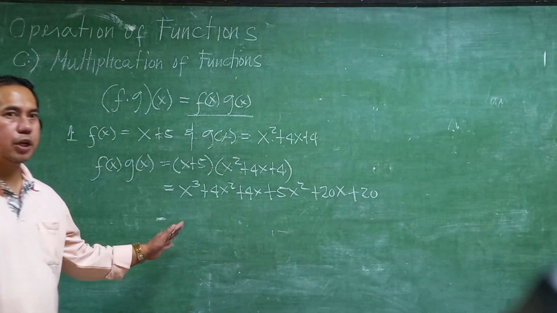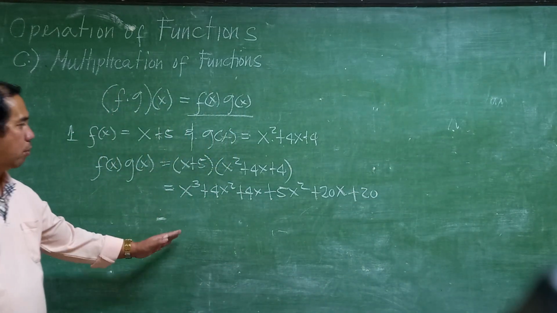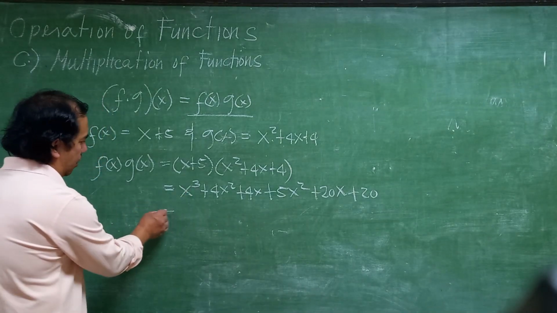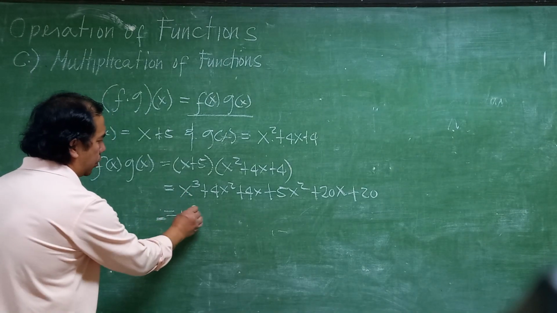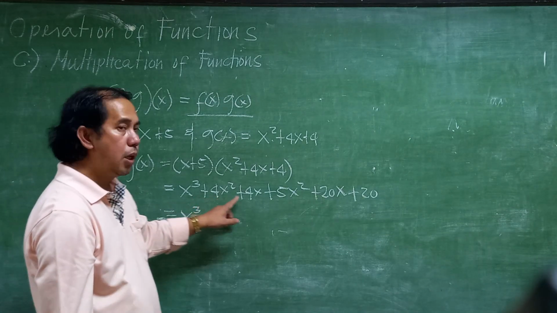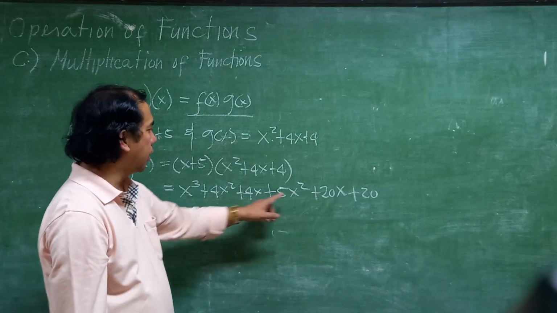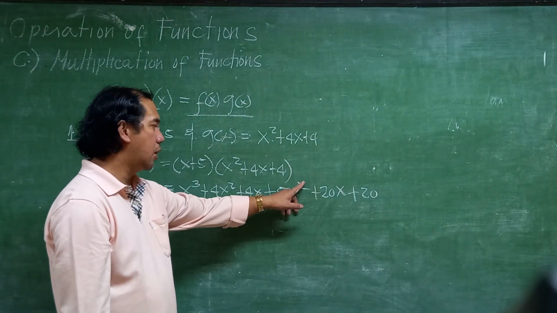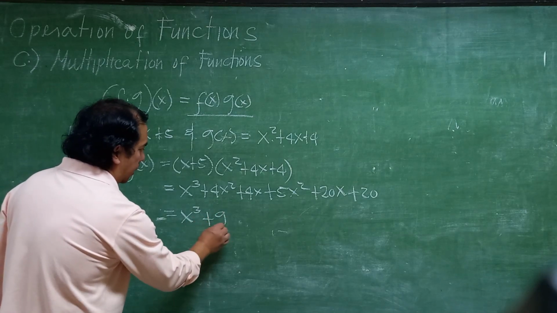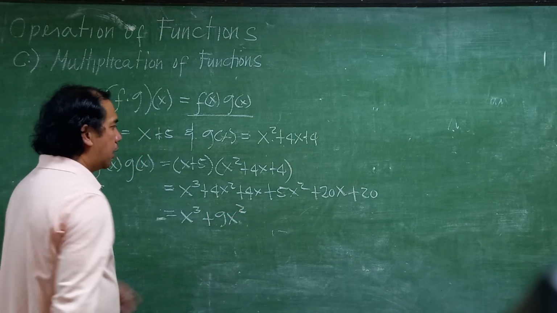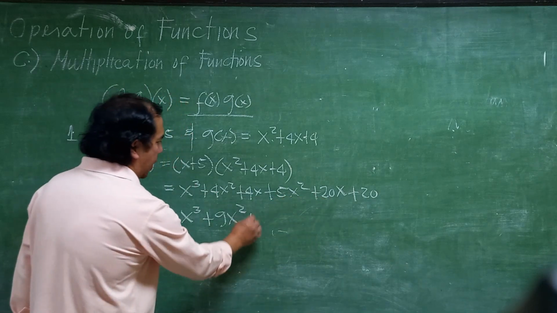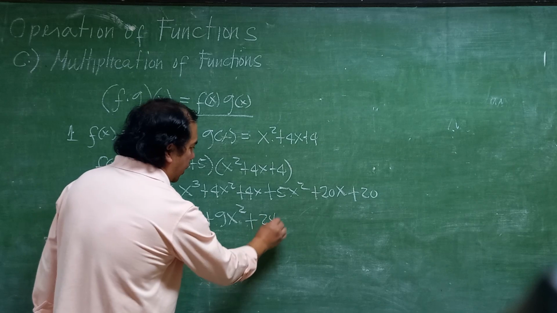After having the multiplication, that's the time we're going to combine similar terms. So if x raised to 3 is alone, we just copy that one. That is the same as x raised to 3. And what about this one? What are the terms with the same exponent and variables? So we have in here 5x raised to 2 and 4x raised to 2. So that is the same as 9x raised to 2. Now what about this one? Are they similar? Yes, they are similar, and so that is the same as plus 24x.